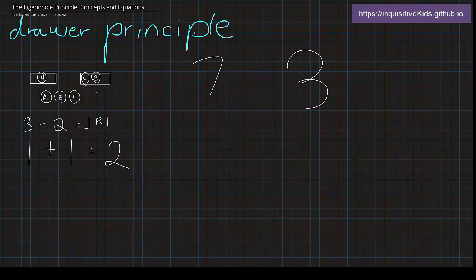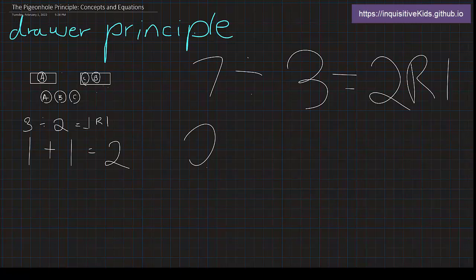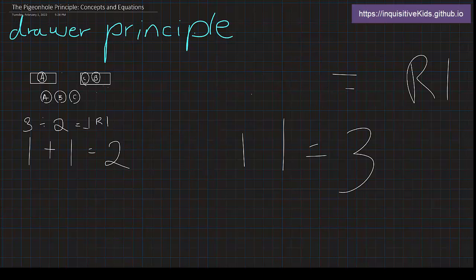How many pigeons will be in at least one hole? Well, we would just do division, which we get 2 remainder 1. So then we would do 2 plus the remainder 1, which equals 3. So there would be at least one hole with at least 3 pigeons. So that makes sense.